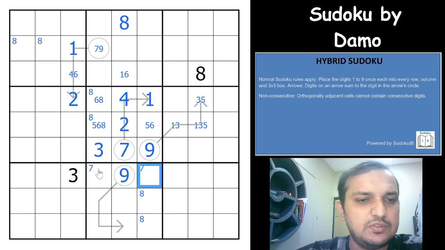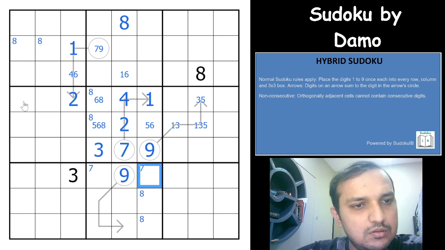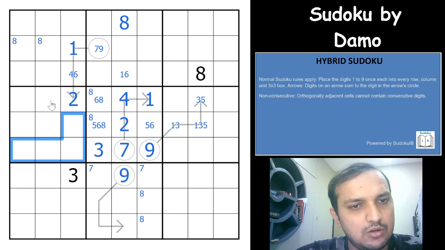Come on, what am I missing here? Three cannot be here.